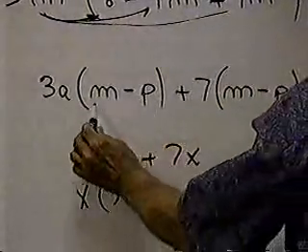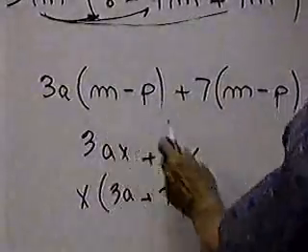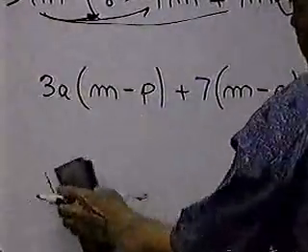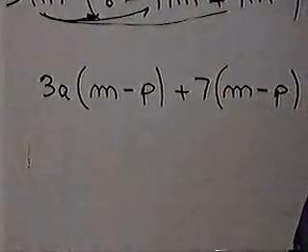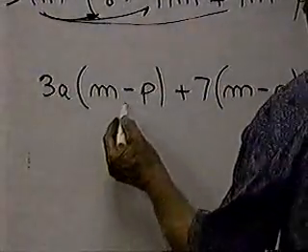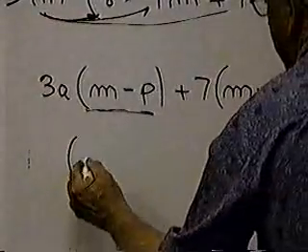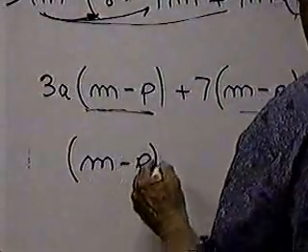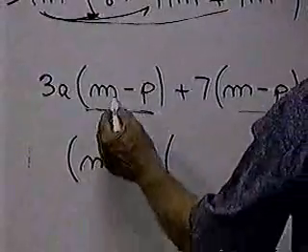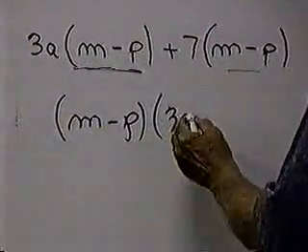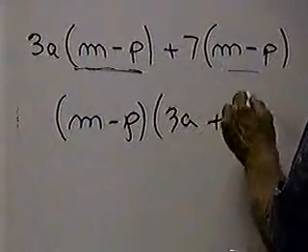Well, you need to think of that as just like an x, a single object. So what we can do is we can say this is a common object that's in both of these. So I will take that out, and that will leave me. Dividing that into that leaves me 3a, and dividing this into this goes 7 times.